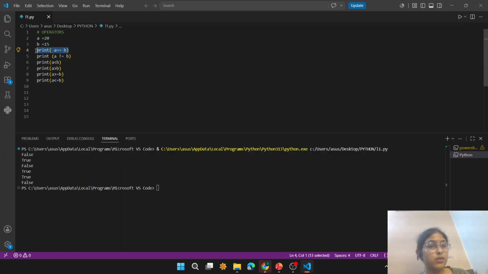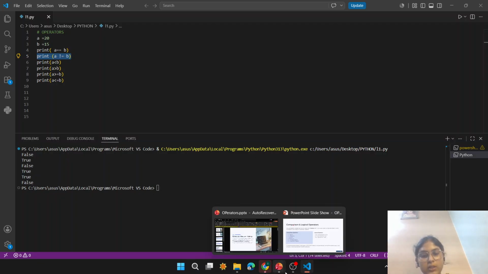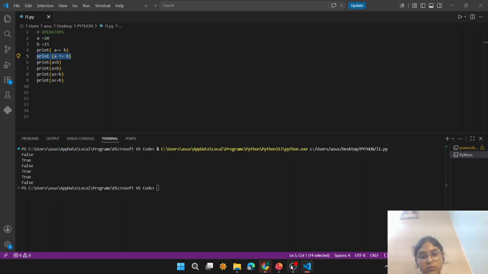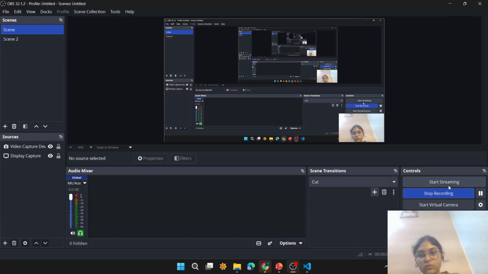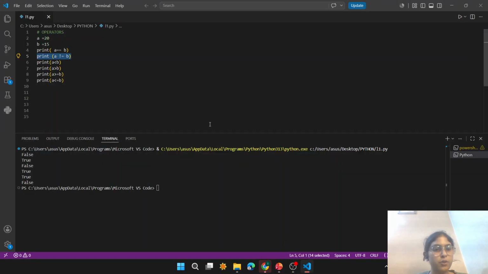The first answer, 20 equal to 15, is false. The next one is saying true. So these are some perfect examples. I hope you understood all of these.